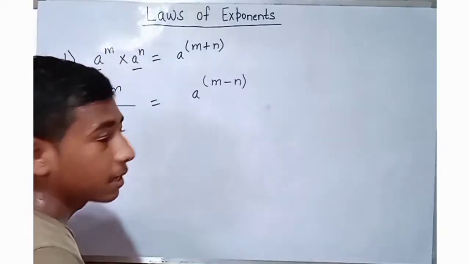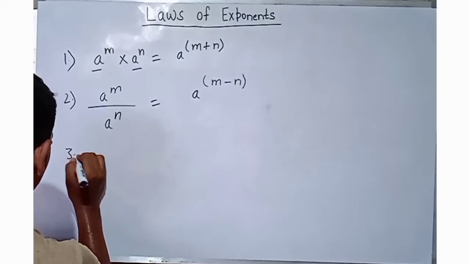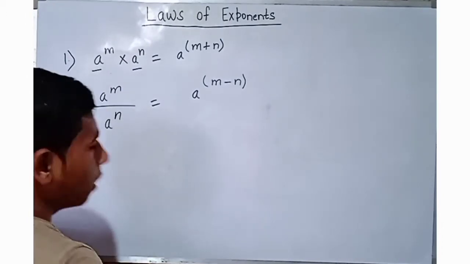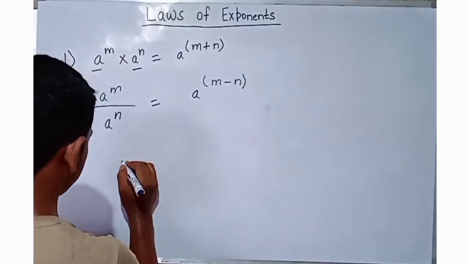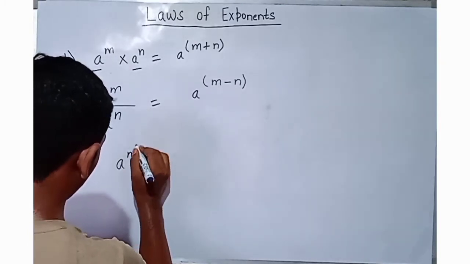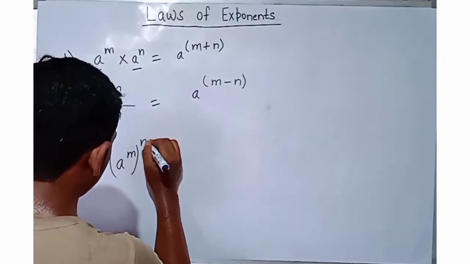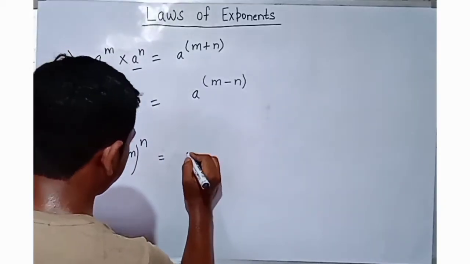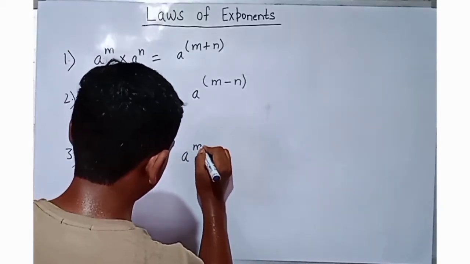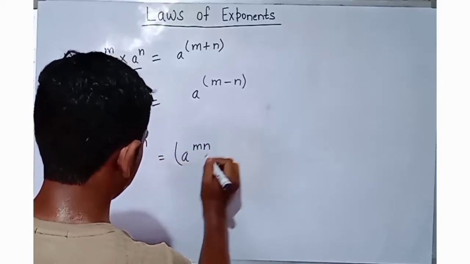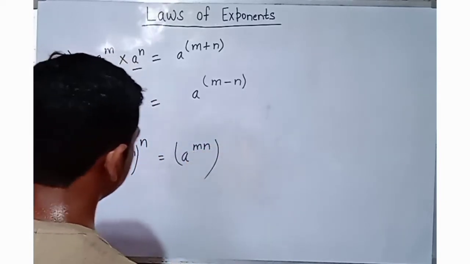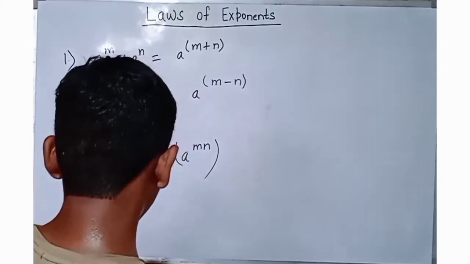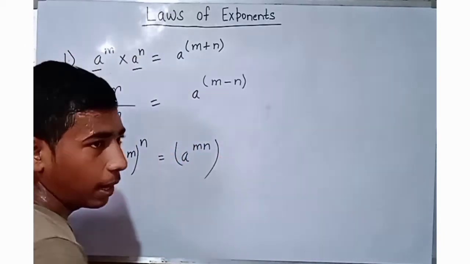See these laws carefully. The third law is that if a to the power m whole to the power n, then it can be written as a to the power m into n.